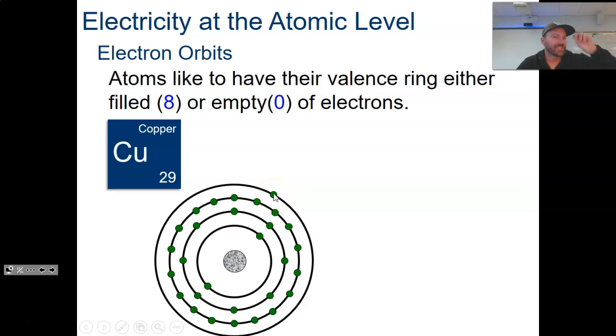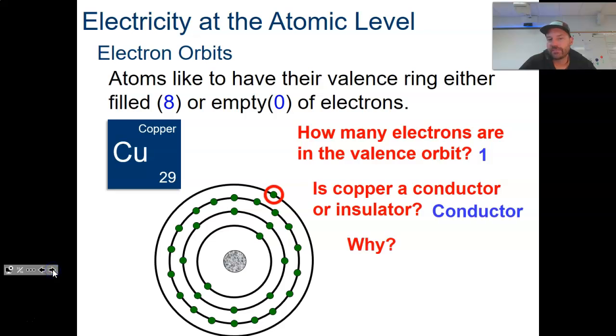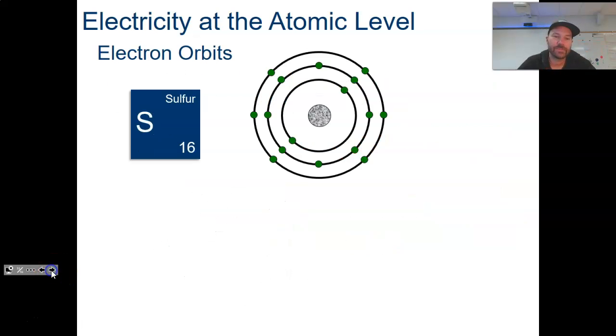So it wants to get rid of that so that its outermost shell is then full. So copper is a really good donator of electrons. So this electron here is very easily given away. And so when you give an electron to the next thing, we call that electricity, the flowing of an electron.